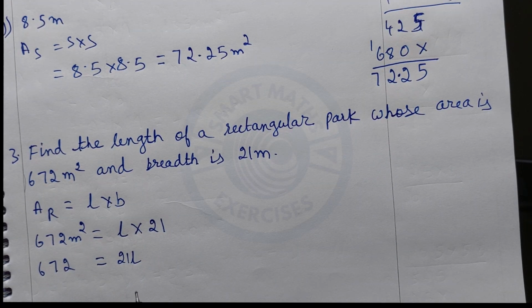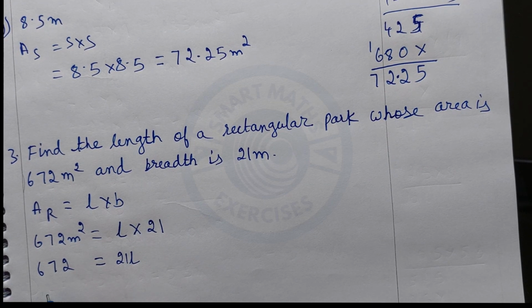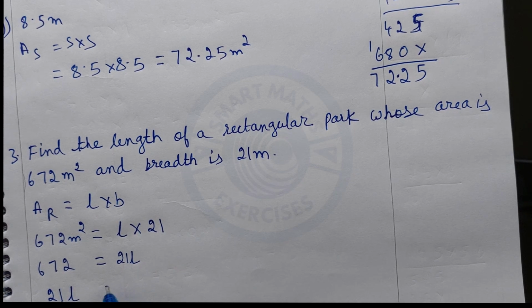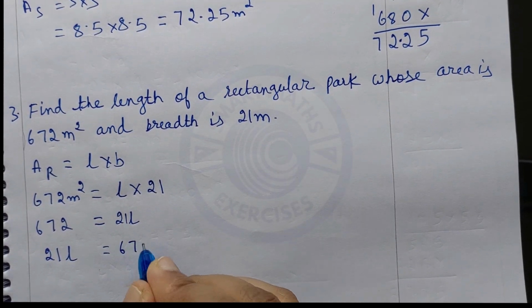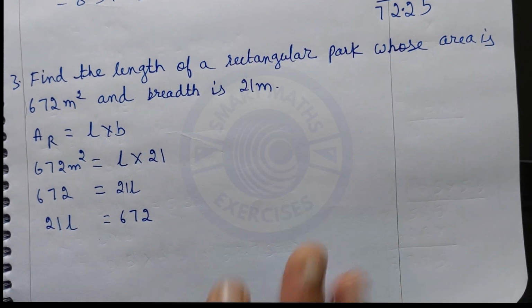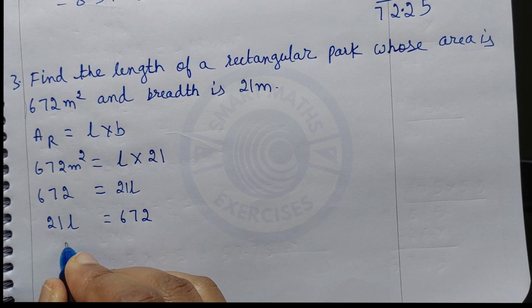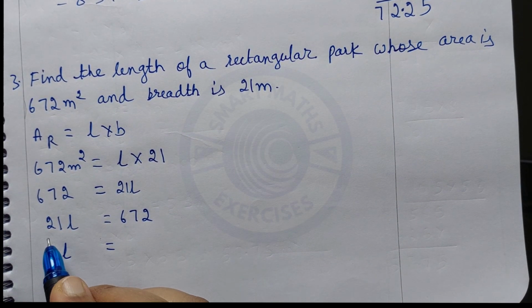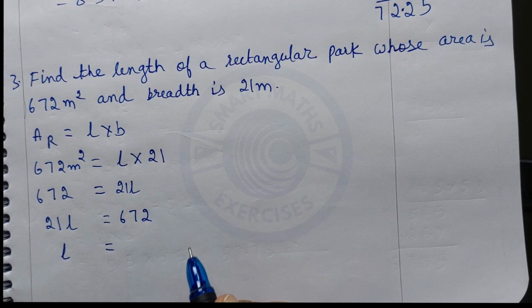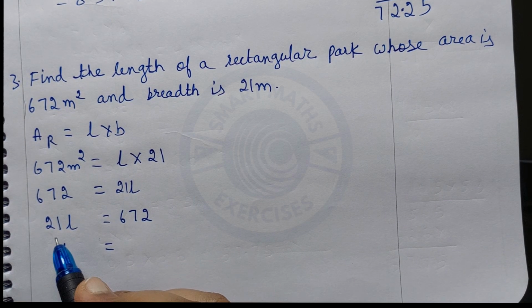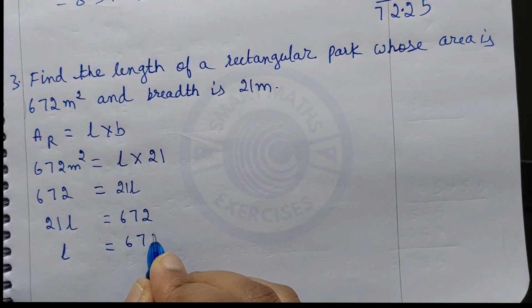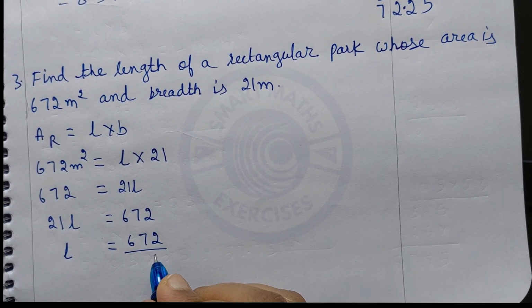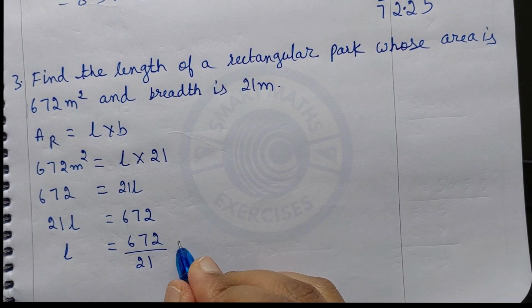Shift the right hand side to the left hand side. 21L equals 672. We'll keep L as it is. When we get 21 to the other side, it becomes 672 by 21. Divide this.